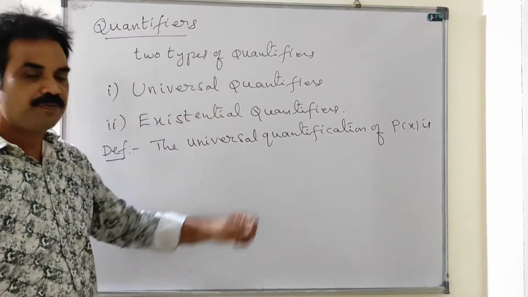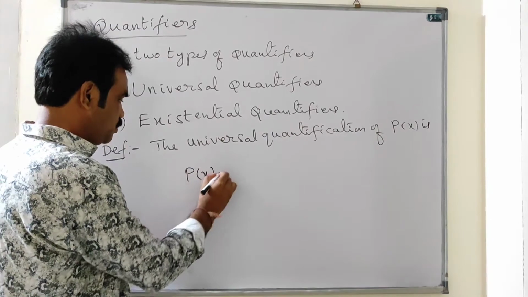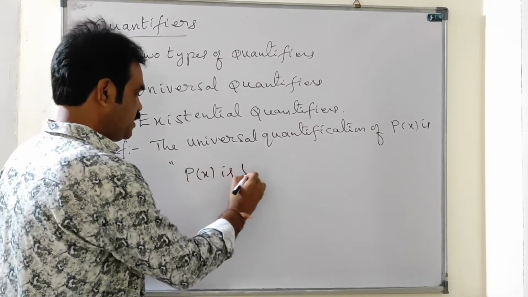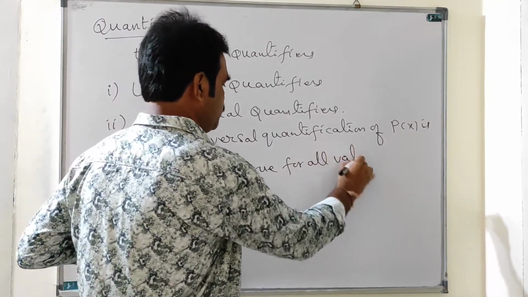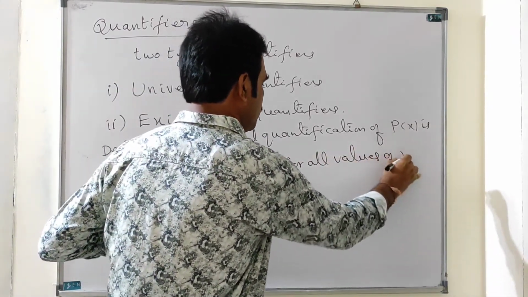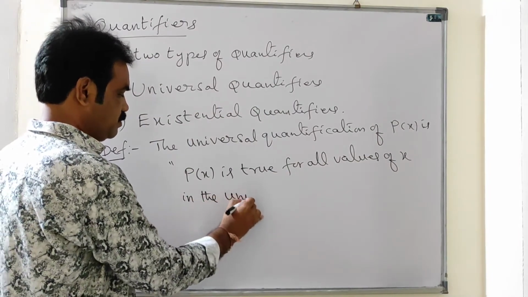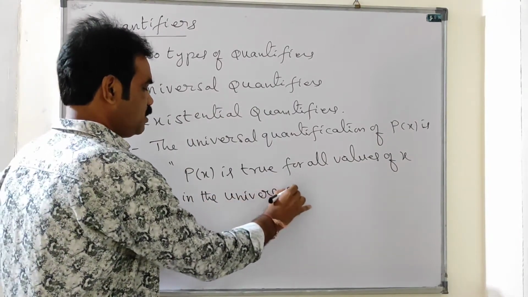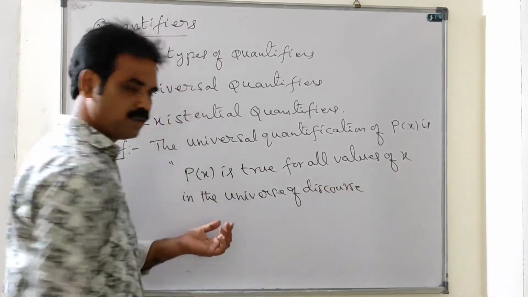The universal quantification of a statement P of x is the proposition: P of x is true for all values of x in the universe of discourse. Universe of discourse means domain.